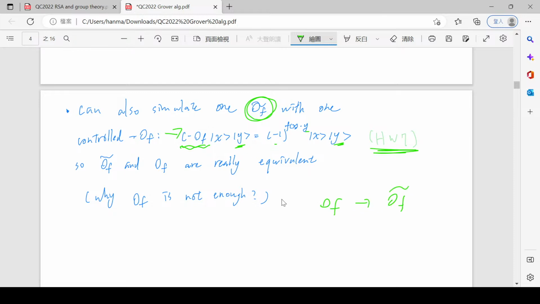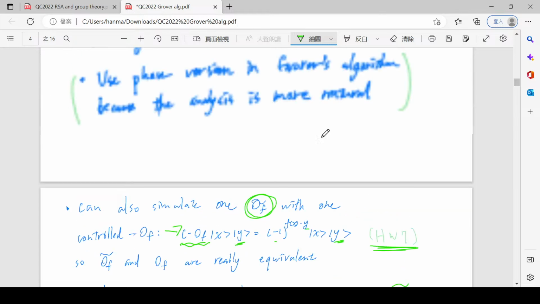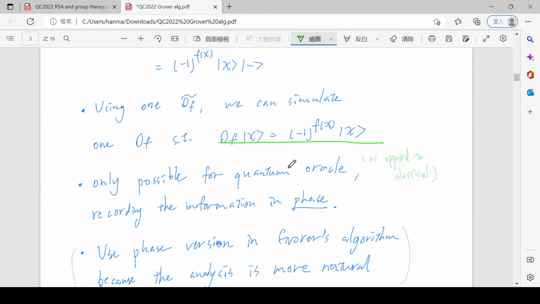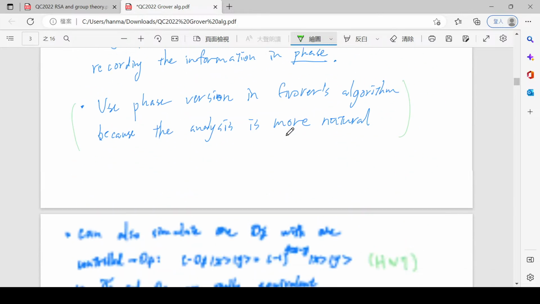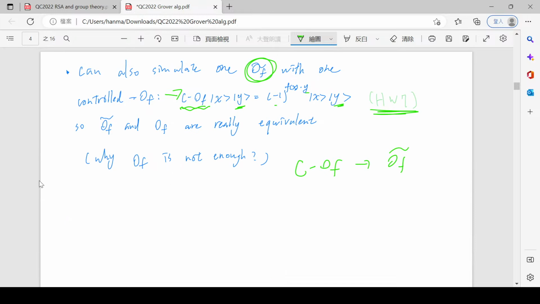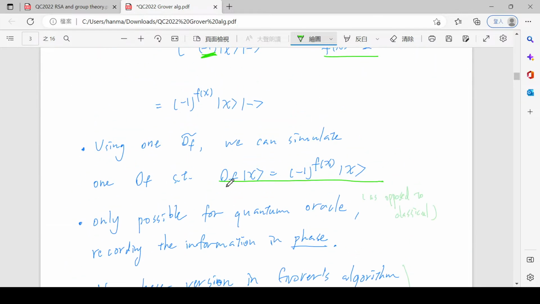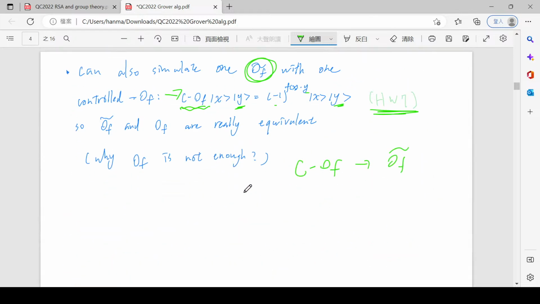You need the controlled OF to construct OF tilde, but it's actually not possible to construct OF tilde from just this OF. Anyone want to answer? What information are you losing if you only have OF? And the answer is that you are losing a global phase.